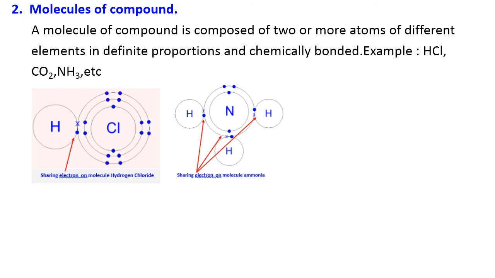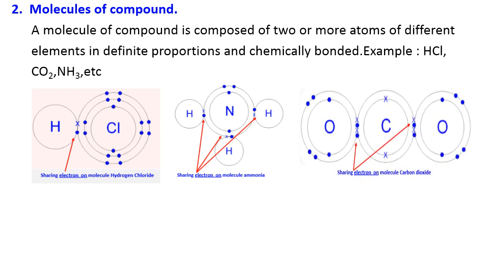And because nitrogen shares electrons with three hydrogen atoms, there are six electrons sharing with nitrogen at the second shell. So the nitrogen shares electrons to obey the octet rule to achieve stability of atom configuration.